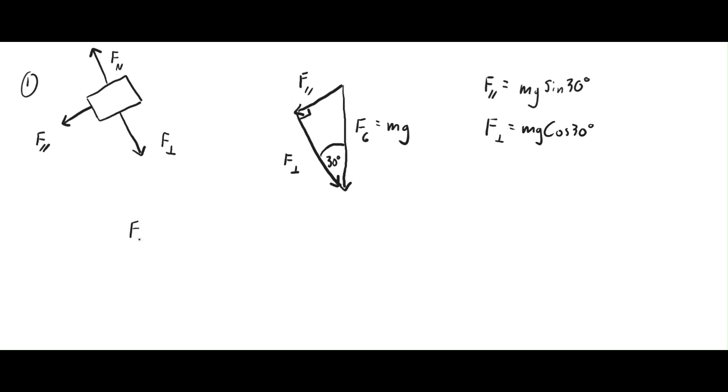So let's find that out. F parallel, well, okay, let me back up one step. What we want to say is our sum of forces in the parallel direction is going to equal mass times acceleration.